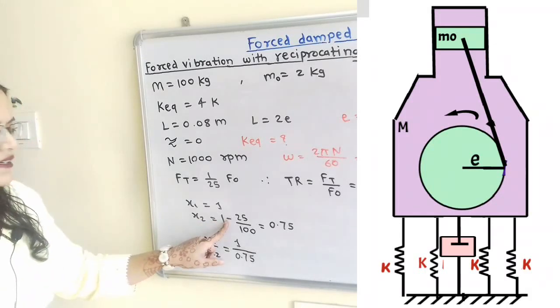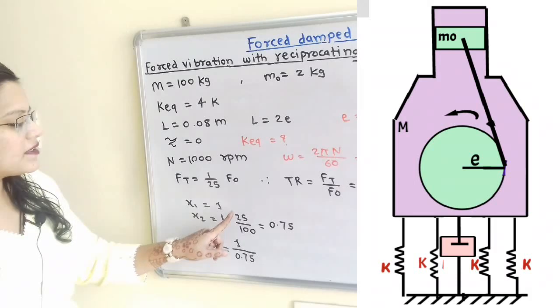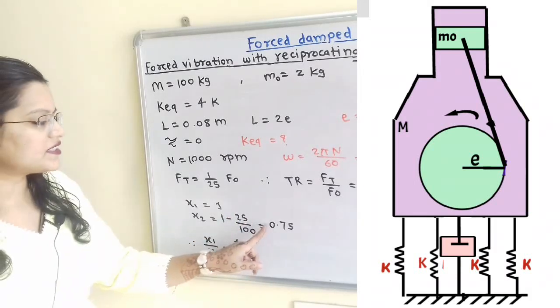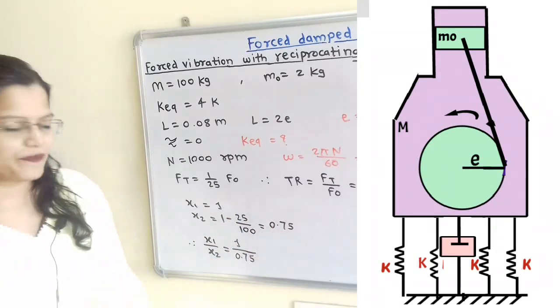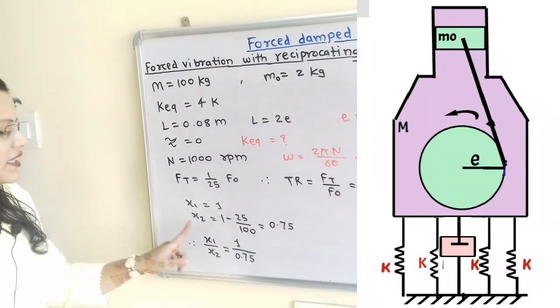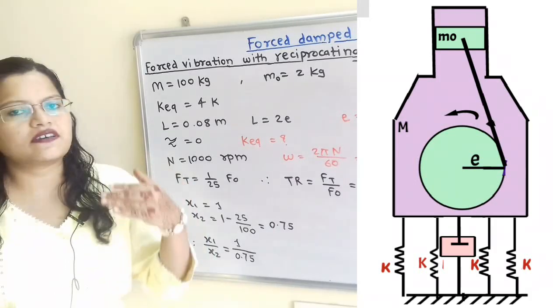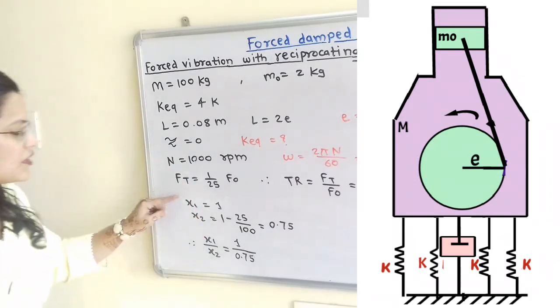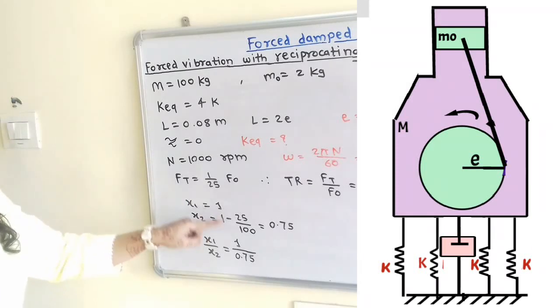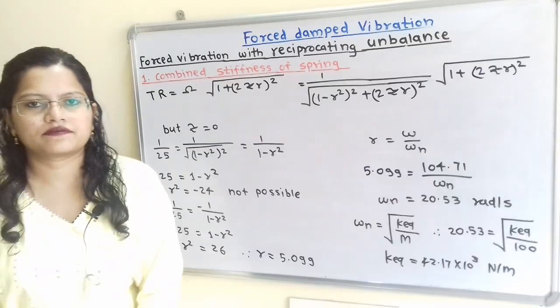So 1 minus 25%, that is 25 by 100. So 1 minus 0.25, that is equal to 0.75. So when we assume the x1 is equal to 1, then x2 is equal to 0.75. So we will consider the ratio of successive amplitude, that is x1 by x2 is equal to 1 by 0.75.